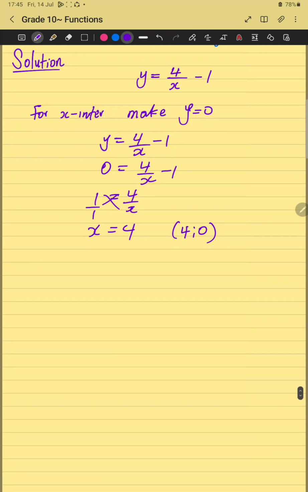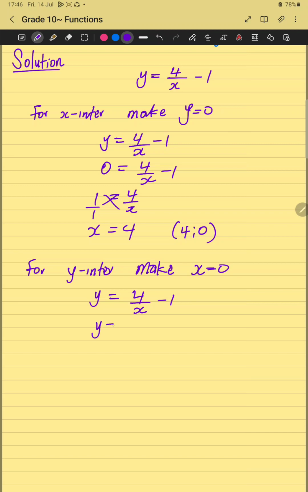And the second one, for the y-intercept, we make x equal to 0. Now we're looking for y, so in the place of x we're going to put 0, and then you say 4 minus 1, so therefore y should be positive 3. So I say when x is 0, y is 3.